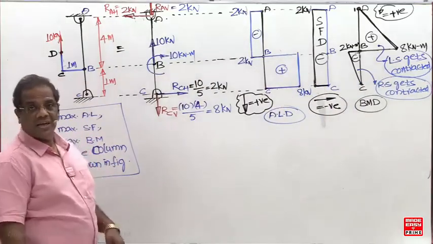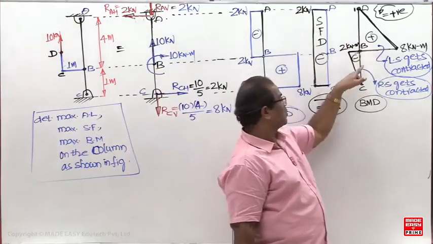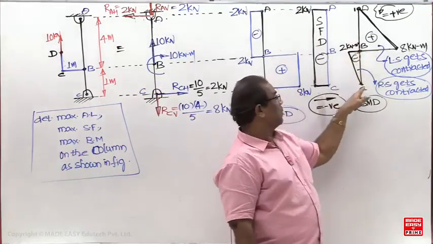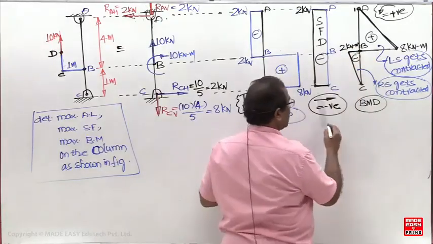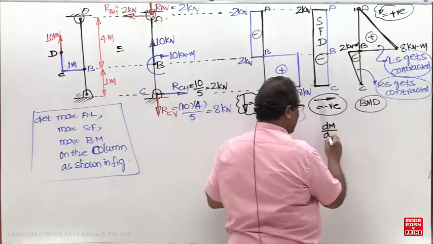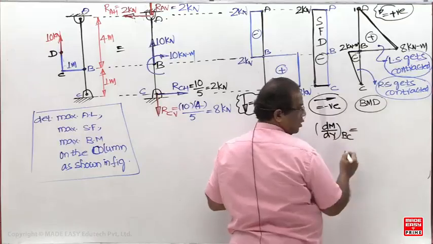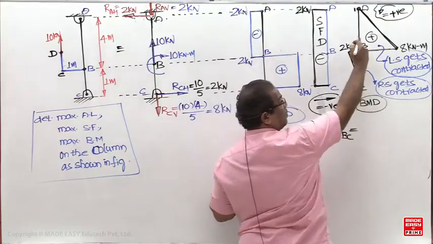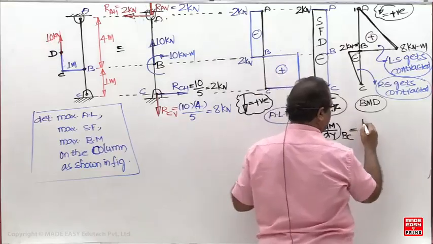What other way can you check it now? The slope of this diagram should be equal to the shear force. Can you write down the slope of this diagram now? What is the slope of the BC portion? How to write it? dM by dy of BC. Always here the y coordinate is positive upward. So what should I write now?